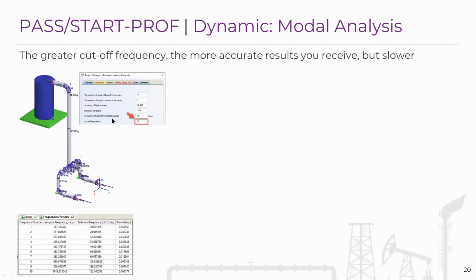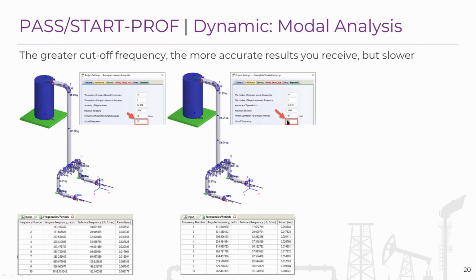So, for example, if you set the cutoff frequency to 10 Hertz, the number of masses will not be so big. The calculation will be performed quickly, but the frequencies will not be so accurate, especially the frequencies that are greater than 10 Hertz.